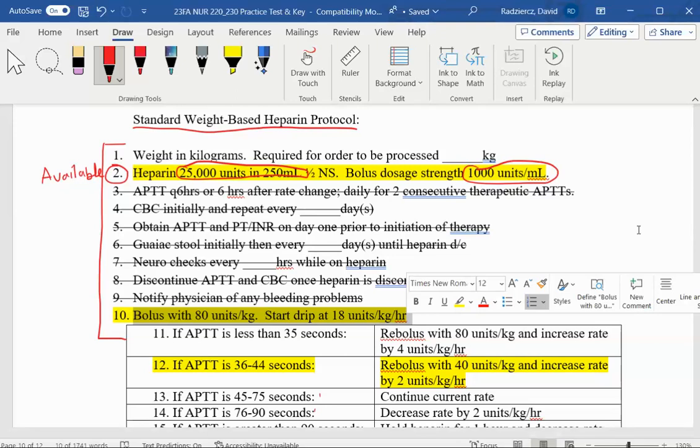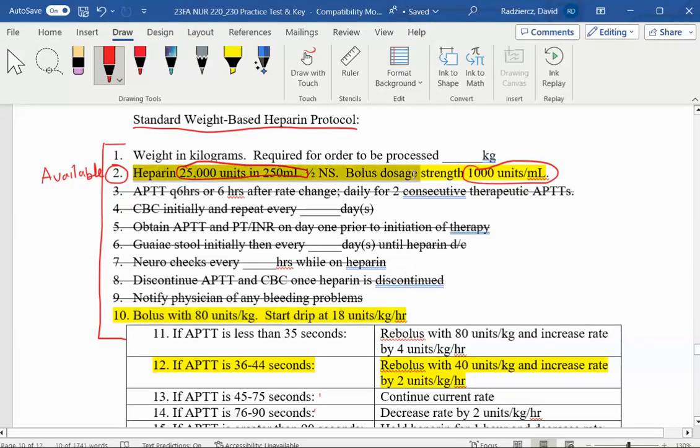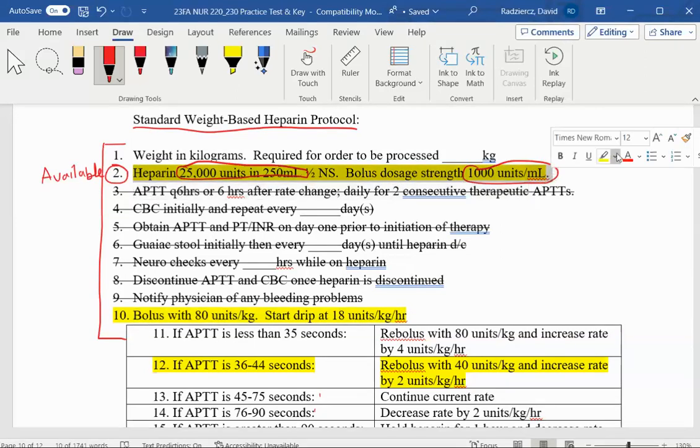The next piece of information that's important to know is step 2 of the heparin protocol, and that is what's available. So you have an IV and you have a bolus injection available. The IV is 25,000 units in 250 milliliters, half normal saline, and your bolus dosage strength is 1,000 units per milliliter.